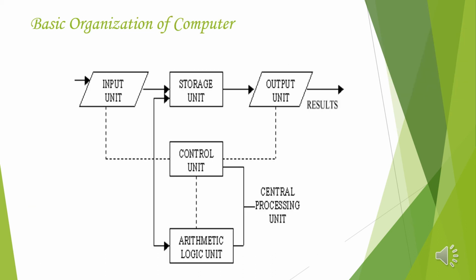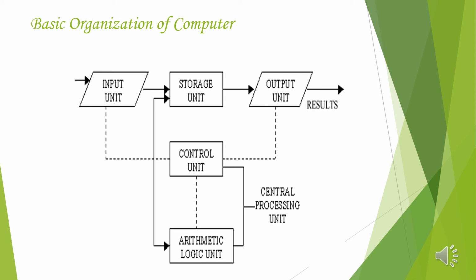The basic organization of a computer is the input unit, storage unit, and output unit, as you see: it takes input, stores it, and provides you the output. As in the flowchart, you can see a control unit and an arithmetic logical unit, together called the CPU.